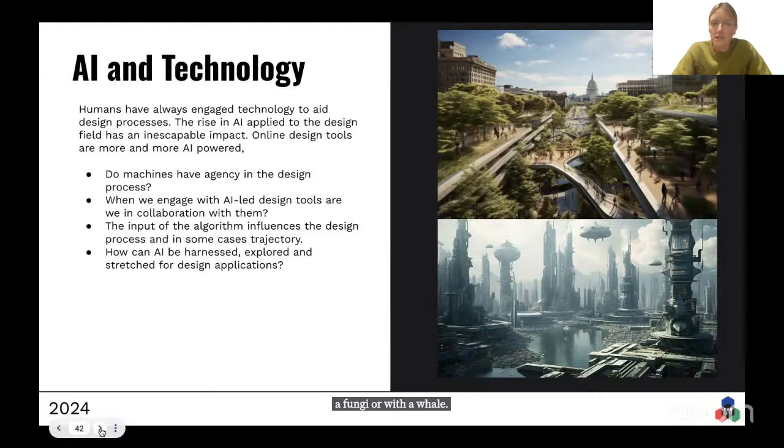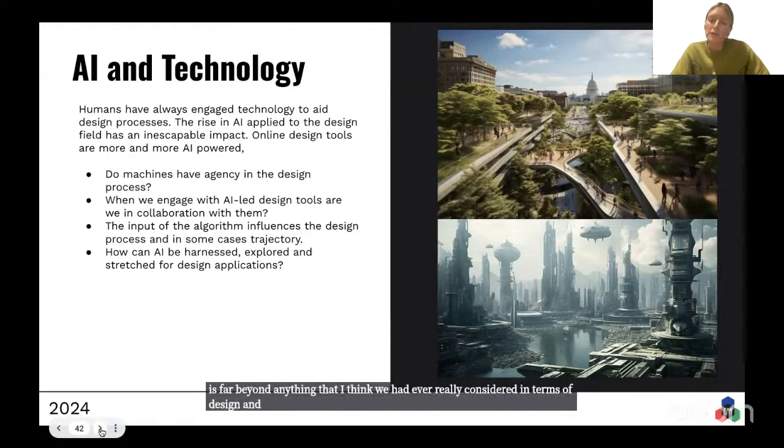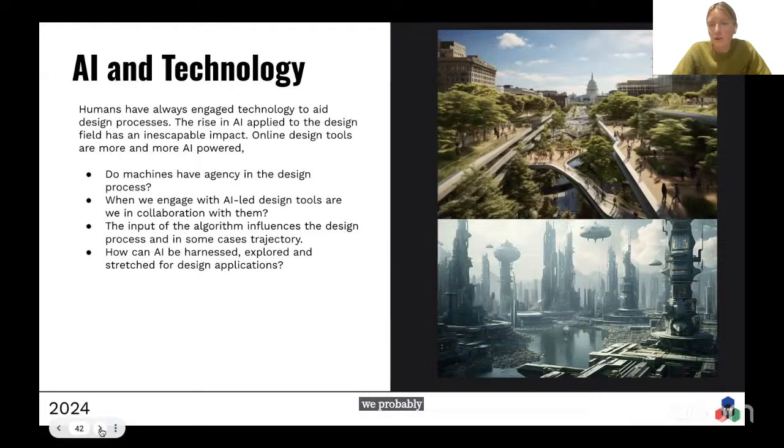I think one of the interesting things in the case of AI and technology is that the acceleration at which this is impacting how we design very simple things is far beyond anything that we had ever really considered in terms of design. And we probably need to grapple with the idea of, are we collaborating with AI if we are designing?